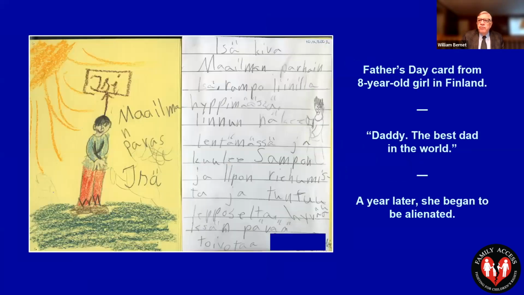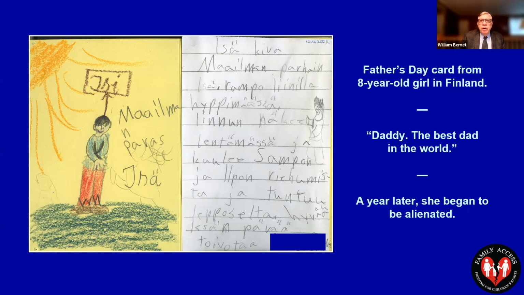This actually comes from Finland, so I can't really read all the writing here, but I gather that this was sent to me by this child's dad from Finland, and it says on it, "Daddy, the best dad in the world." This child put some effort into this, and you can see that this was a nice thing that the child made for her dad.